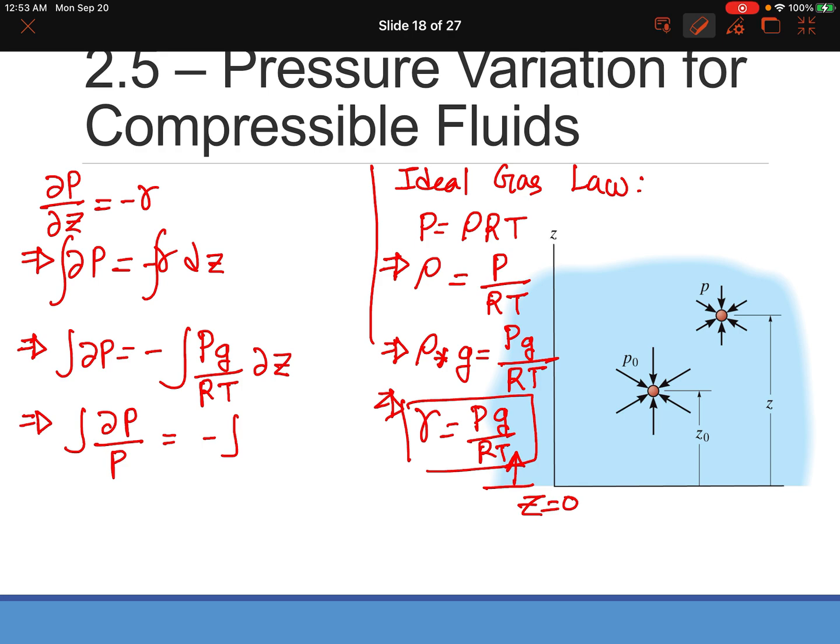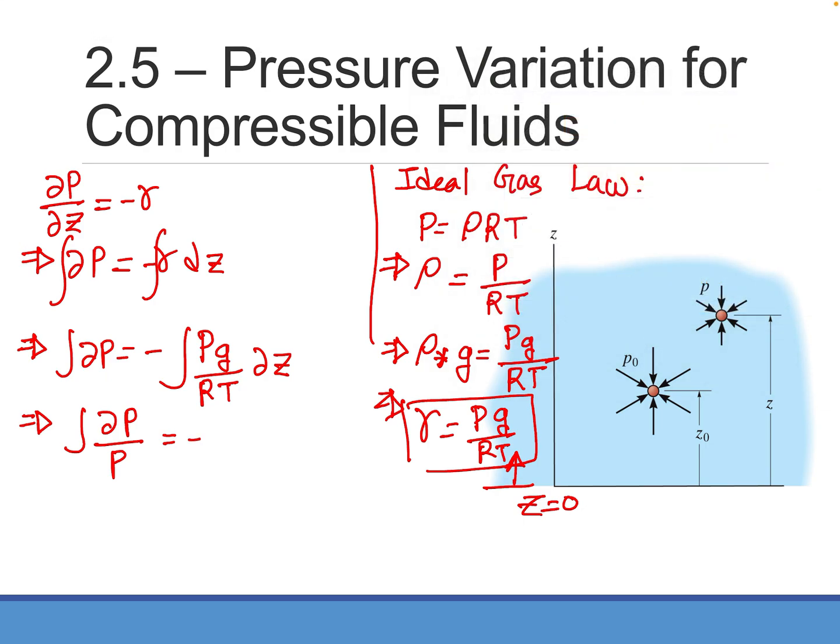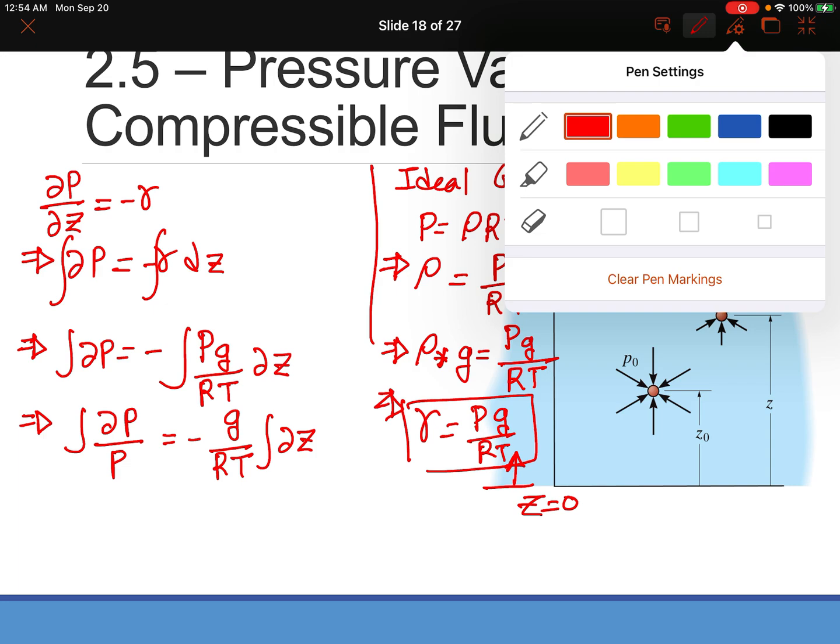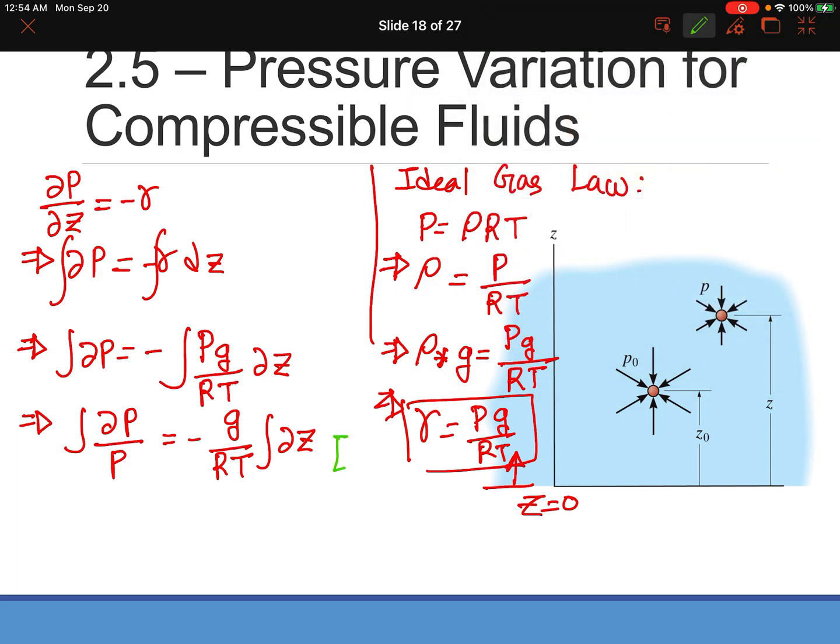Here I will take the g and R T outside of the integration sign, because all of them are constant, provided we are using the isothermal condition where temperature is constant.